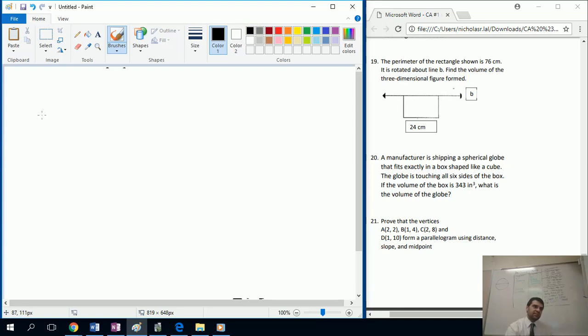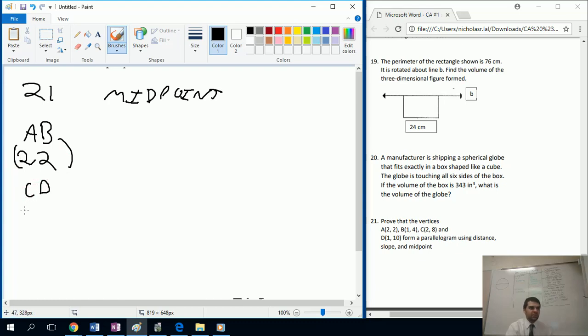Alright, next part is going to be just the midpoint formula. So the next one is going to be 21 using the midpoint formula. AB is going to be 2, 2 and 1, 4.